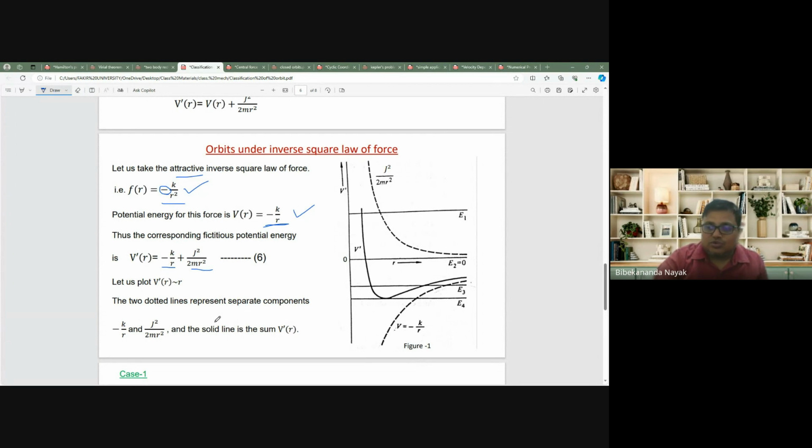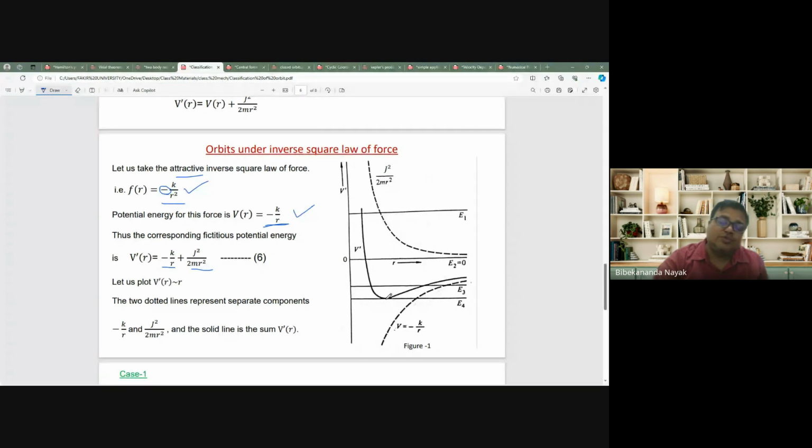Now we have to check the orbit under this force. For that, we take some lines of definite energy. Here line E1 has positive energy, E2 is 0, E3 is some negative energy, E4 is the minimum negative energy. You cannot go further where the curve touches lastly here.